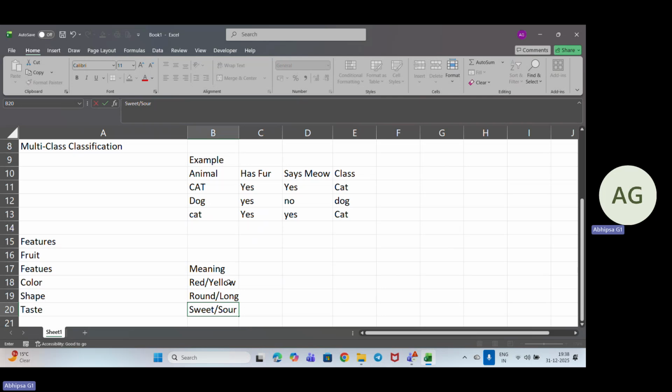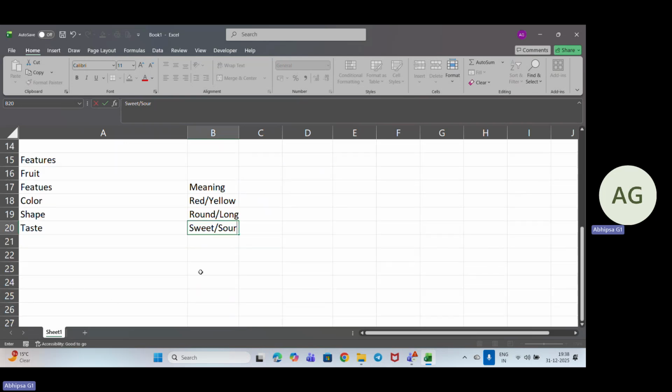Now coming down to one of the examples. Now I want to get the student result classification. My goal is to decide whether the student passed or failed. The features that I am taking are the marks of the student and the attendance. So here I am taking the marks and attendance, and I have the result.